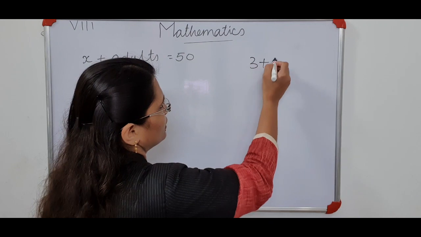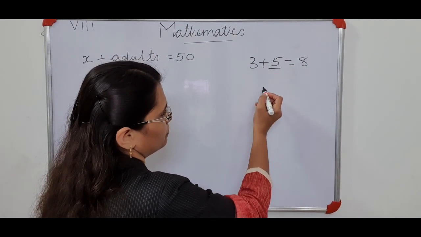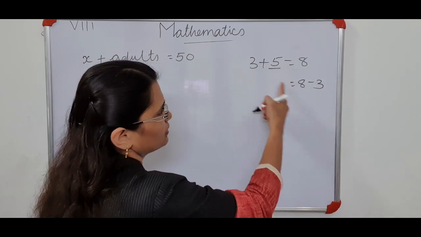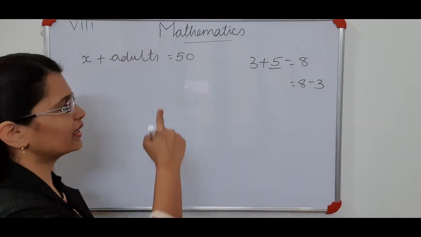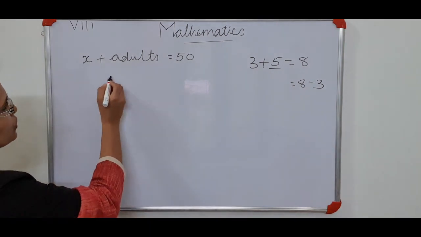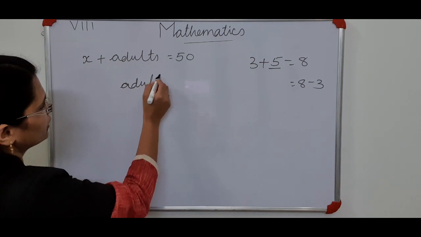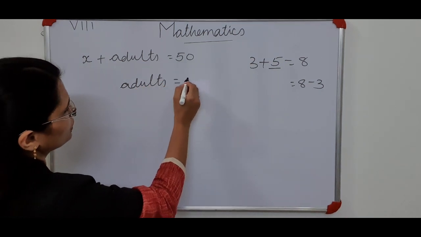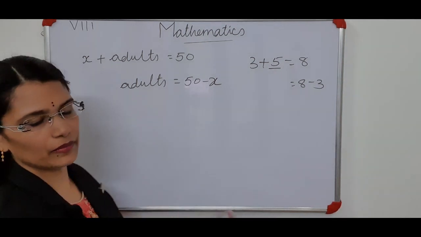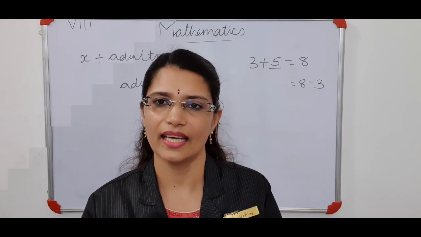Suppose if you are writing 3 plus 5 is equal to 8, how can you write this 5? 8 minus 3 is equal to 5, right? Like that, number of adults is equal to 50 minus x.